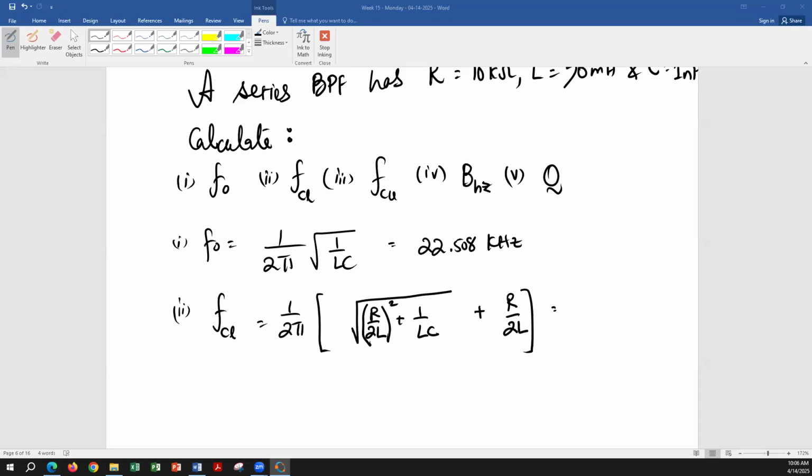So FC is equal to square root of A squared plus, plus A, divided by 2.